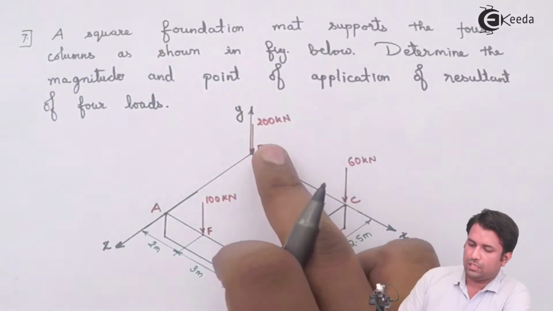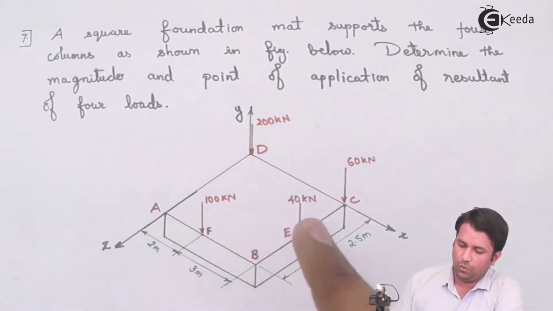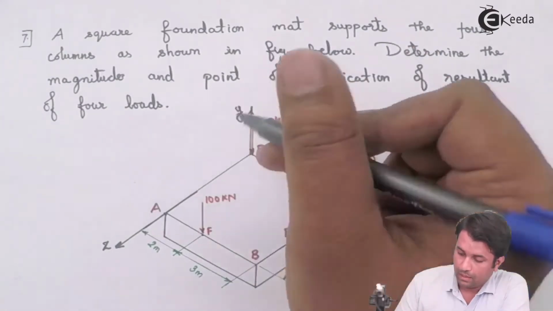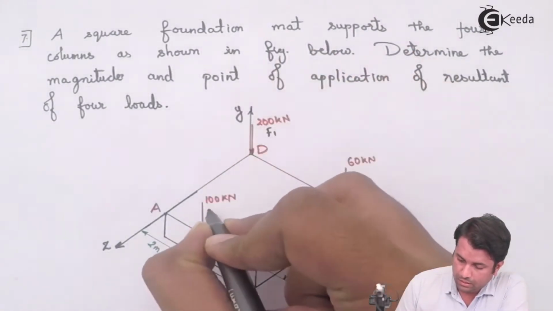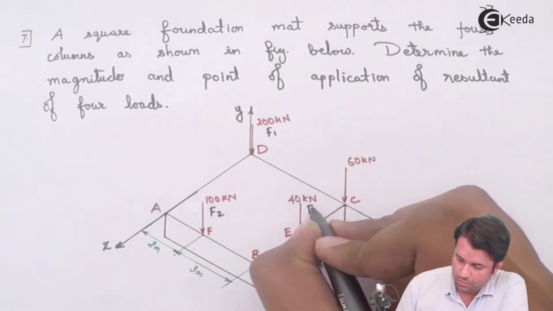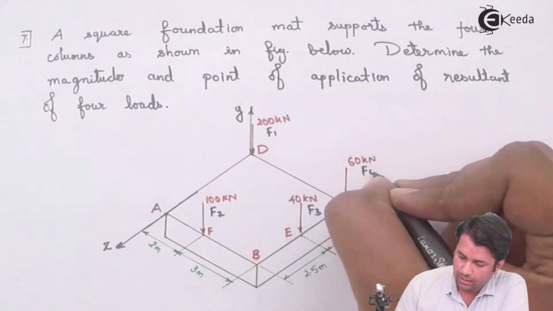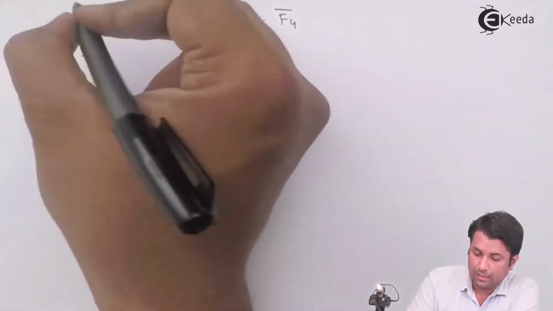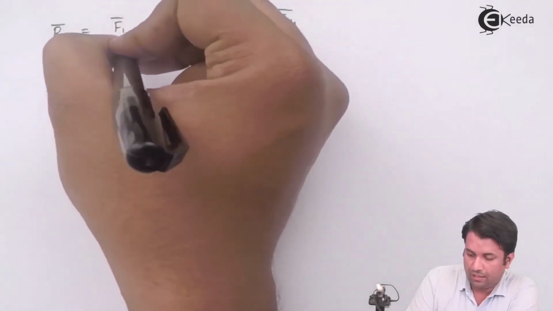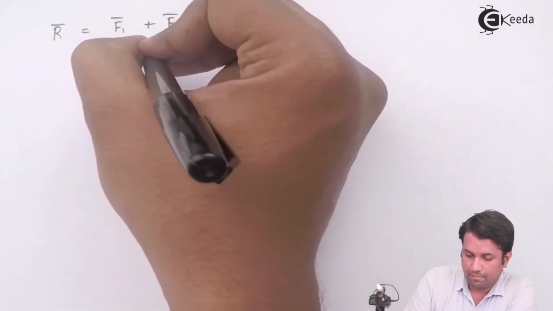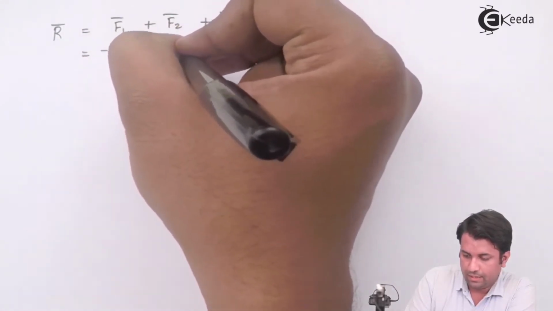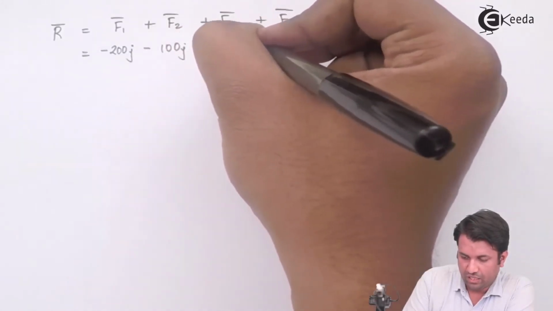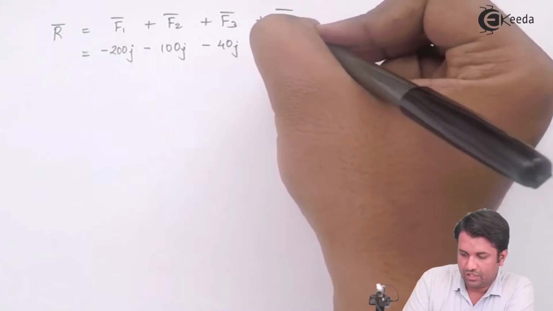I'm calling the forces F1, F2, F3 and F4. This is nothing but minus 200J, minus 100J, minus 40J and minus 60J.